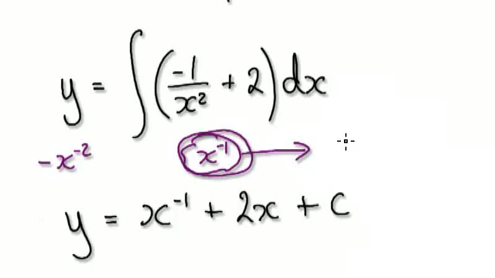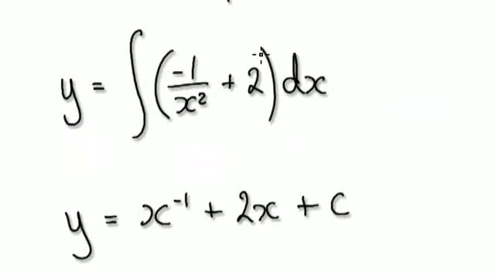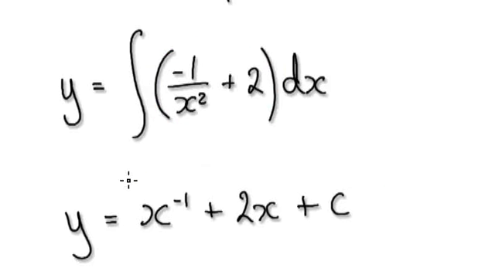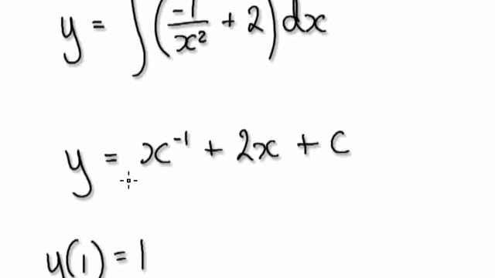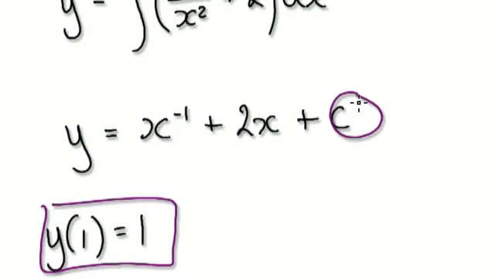If you differentiate this, it will give you minus 1 times x to the power minus 2. We don't need this minus 1 here. So you see this thing here is exactly what you've got here. So find the indefinite integral of this, and it will give you this thing here. Then use your initial condition to find out c.